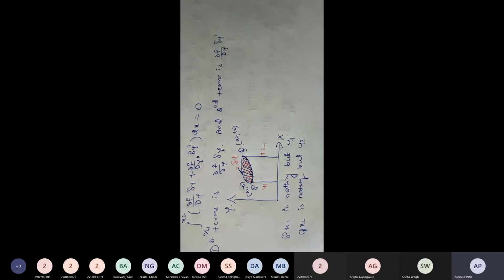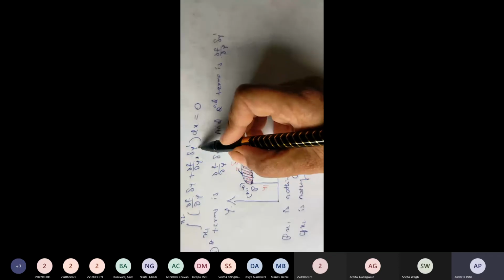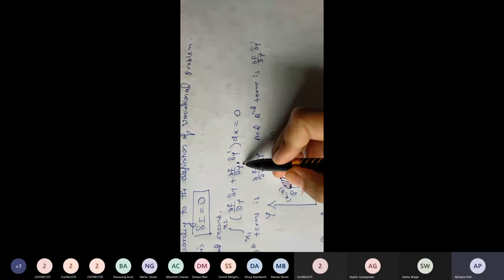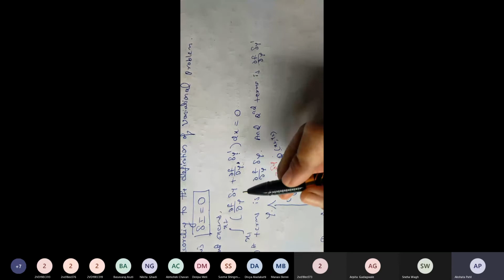Now in the second term, this delta y dash, as we mentioned in the previous class, there is one property. I will show you that property: delta I equals dou I by dou y into delta y plus dou I by dou y dash into delta y dash.